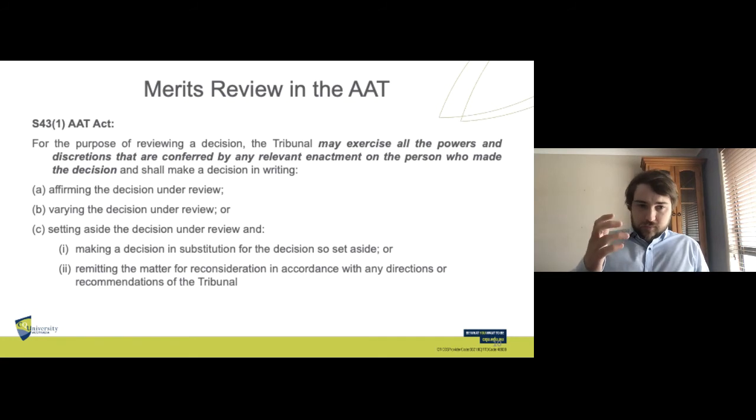So you'll see the subpoints under Section 43 empowers the AAT to affirm the decision that was under review, vary it, or completely set it aside and make a new decision, or send it back to the decision maker to remake the decision. So there's a lot of options there for the AAT to completely remake the decision, affirm it, or to just make a minor variation based on the needs of the case.